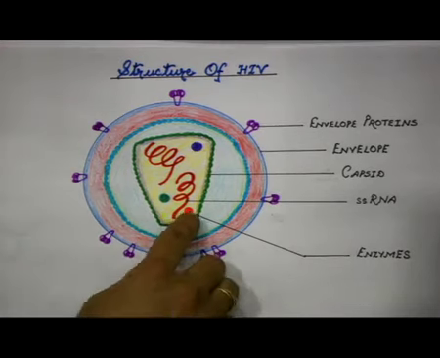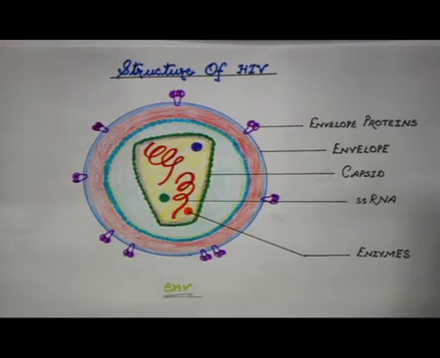So, reverse transcriptase is present in the nucleocapsid region, and it is used for reverse transcription, and the viral DNA is formed. Now, viral DNA gets incorporated into the host genome. Again, for incorporation, enzymes like integrase will be used, and again this integrase enzyme is produced by the virus itself.